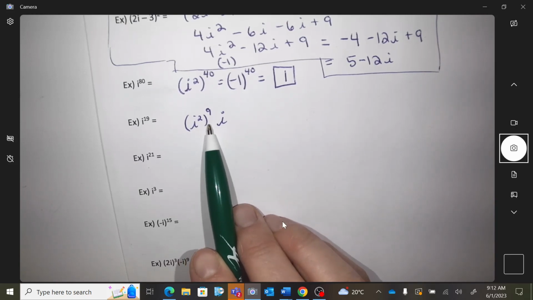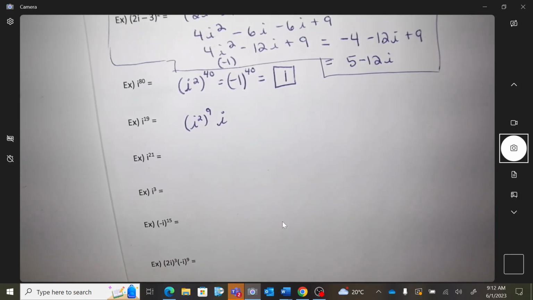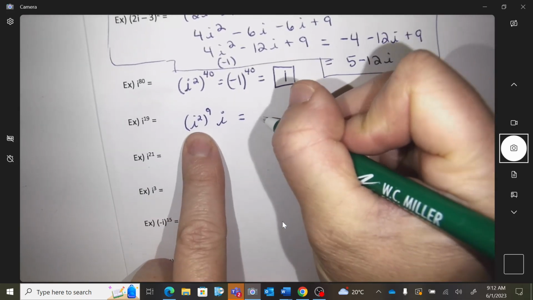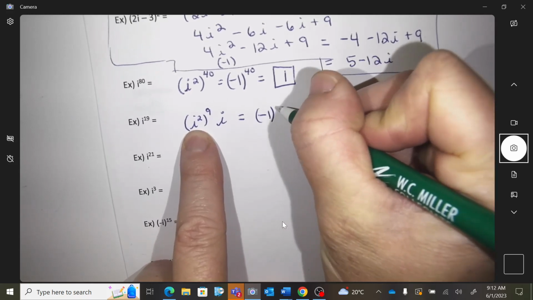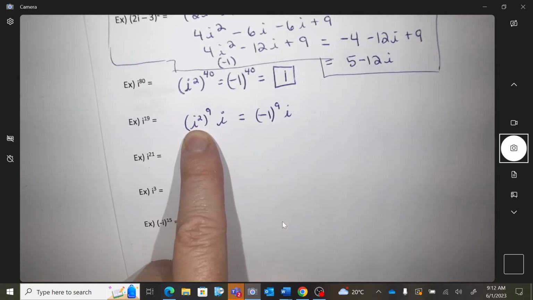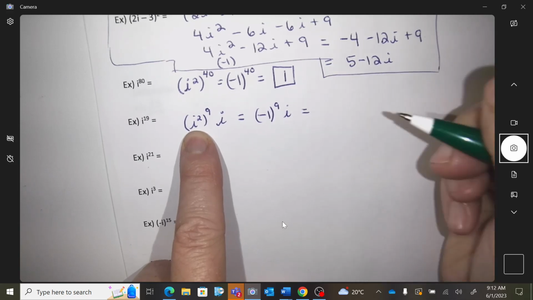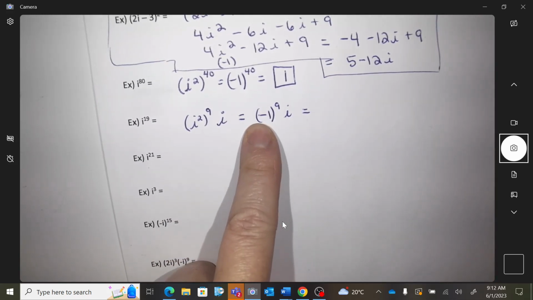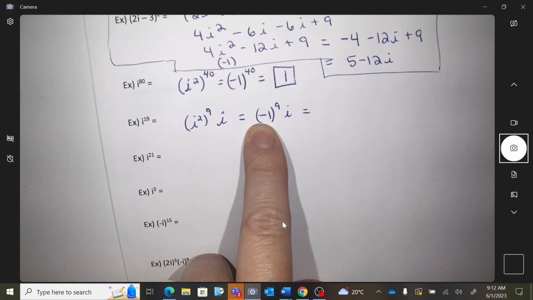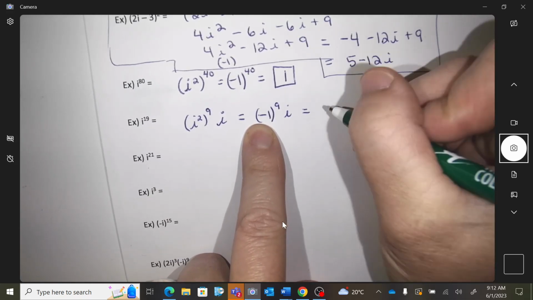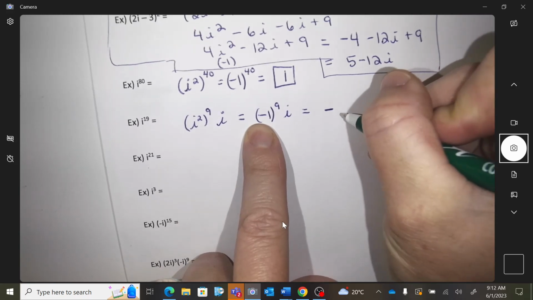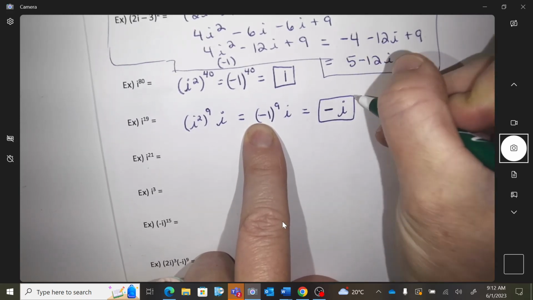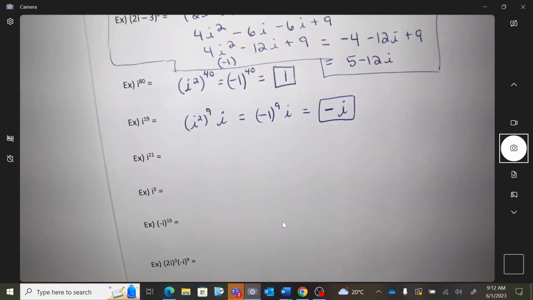When it's odd like that, I can't get an i squared perfectly. Now I'm going to replace i squared with -1. -1 repeated 9 times would turn out negative. So that would be a -i.